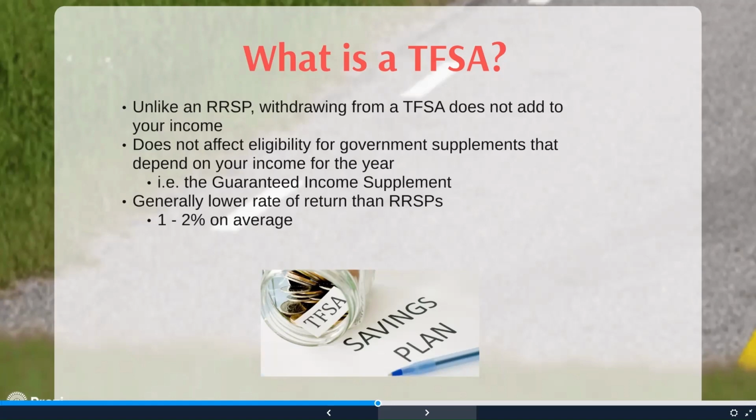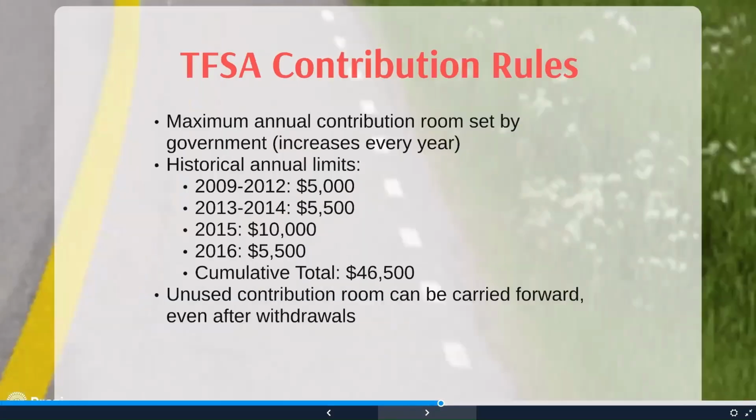So on average the rate of return is lower than RSPs, but if you have a great investment strategy, like if you follow all the investment strategies that I talked about in this course, then you can outperform RSPs pretty easily.